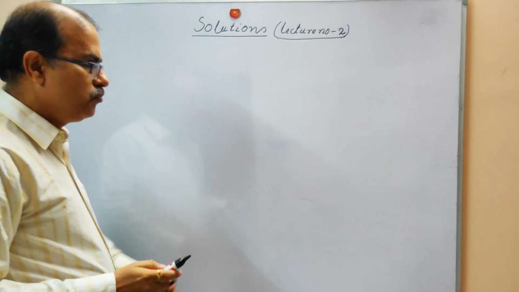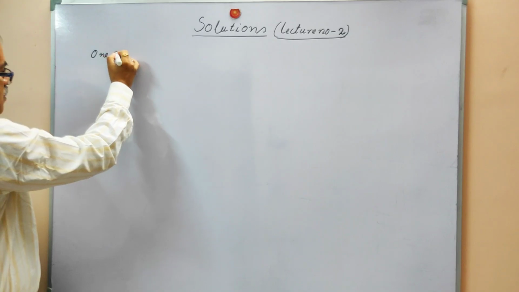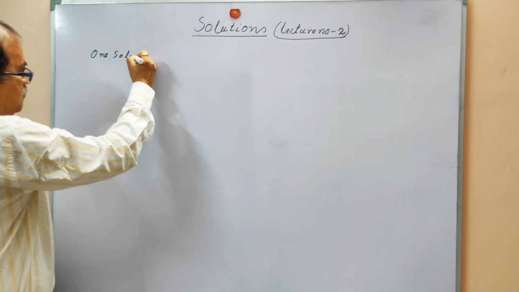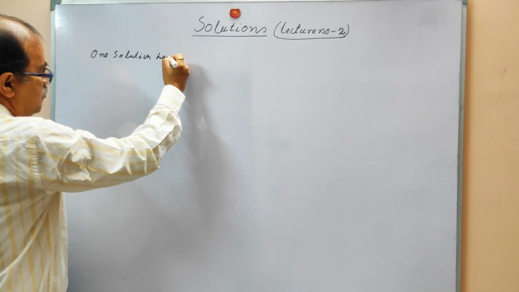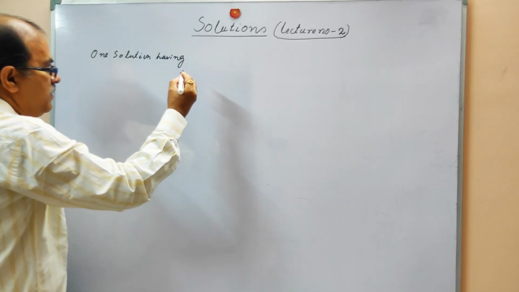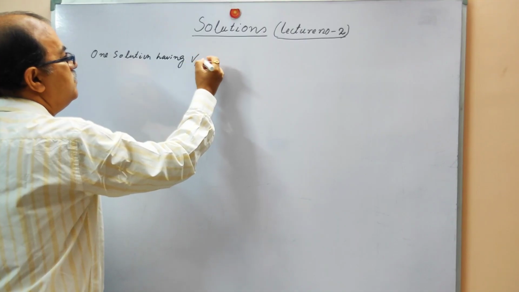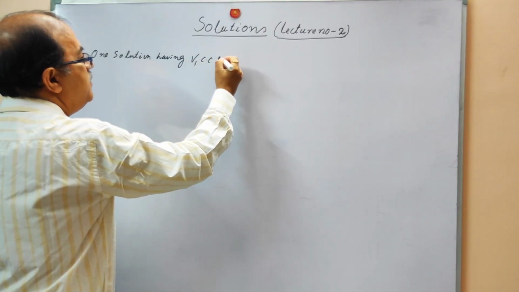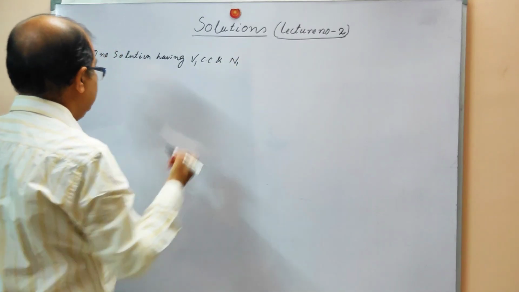Suppose you have been given two solutions. One solution having volume, suppose B1 cc, and normality N1.